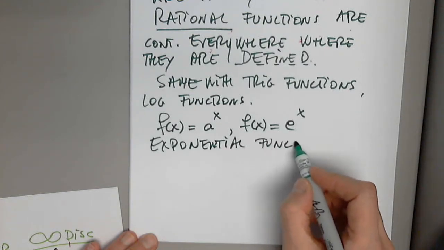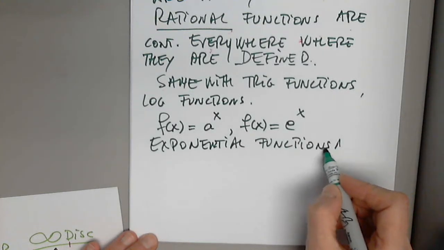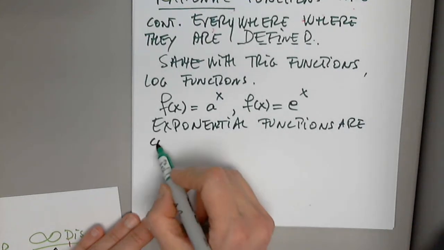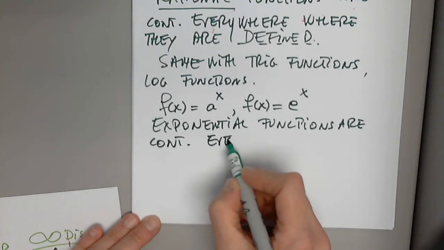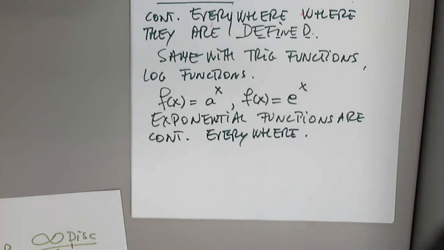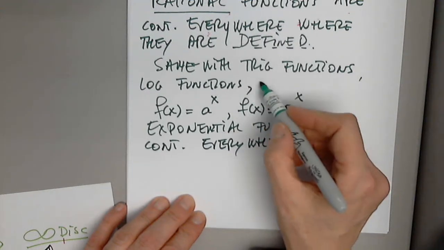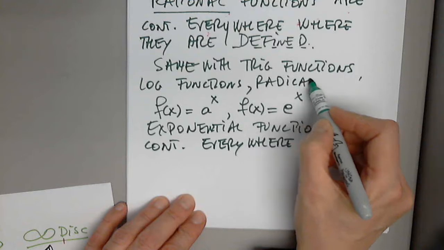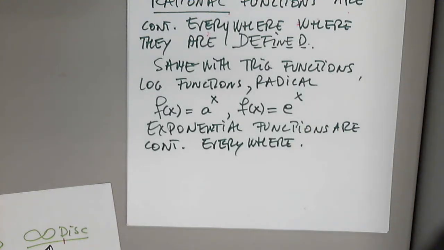Exponential functions are continuous everywhere. What about radical functions? They are continuous where they are defined. So I'm going to add them here, comma, radical. So rational functions are continuous everywhere where they are defined. Same with functions like trig, log, radical.